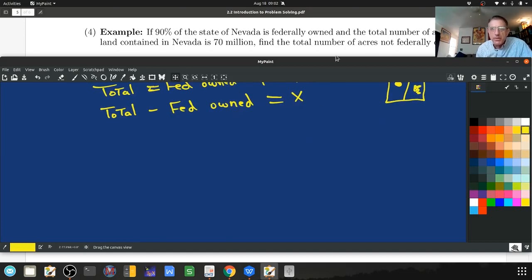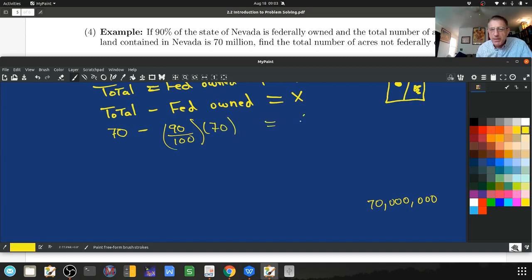So the total number of acres of land contained in Nevada is 70 million. So don't start writing 70 million. Just write 70 and realize that your units are in millions. So 70 million, minus, how much is Fed-owned? 90% of that. 70 million is Fed-owned.